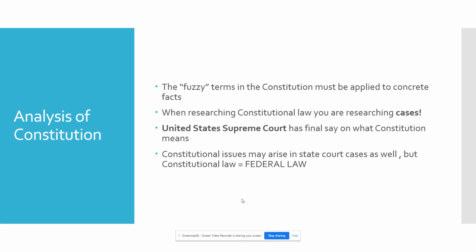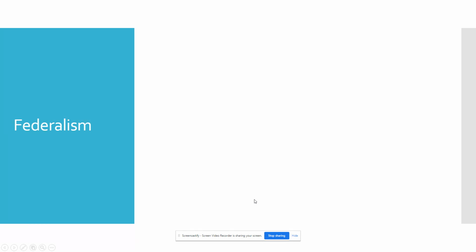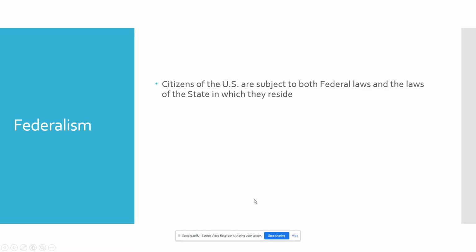And the United States Supreme Court, although lower courts can do some constitutional interpretation, has the final say on what the Constitution means. Remember, you may have constitutional issues arising in state court cases like Miller versus Alabama, but the law itself is federal law, and we're always looking at case law when we're doing constitutional research.